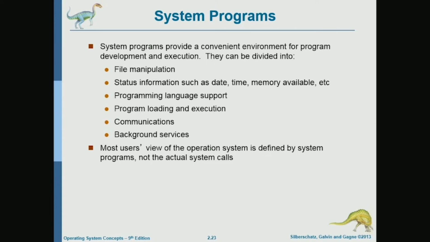Okay, so now let's learn about system programs. What are system programs? Well, system programs are programs that belong to the operating system but are not part of the kernel. So they are like extensions of the operating system, and they may run in user mode, not in kernel mode.